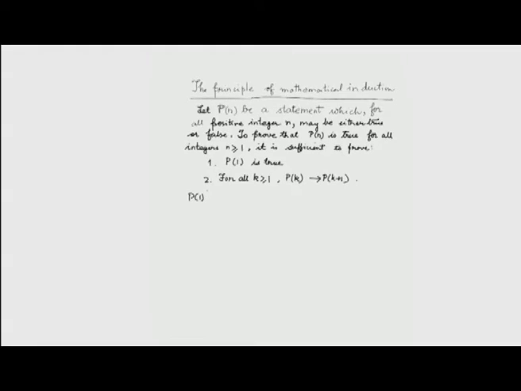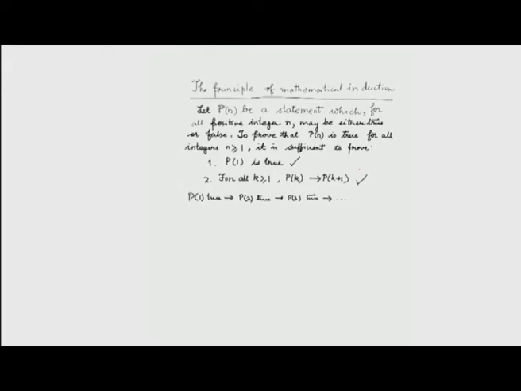Since P(2) is true, P(3) is also true. So, we will start a chain like this: P(1) is true implying P(2) is true, which in turn implies P(3) is true, and so on, and this is all from the two facts that we have already proved, that P(1) is true and for k greater than or equal to 1, P(k) implies P(k+1).